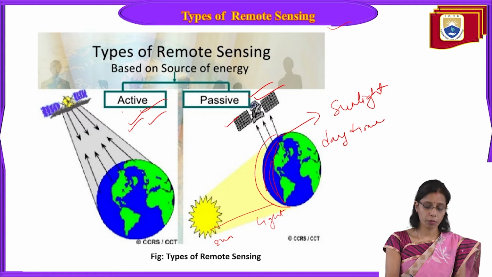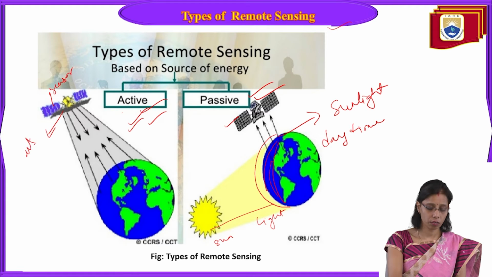Now when you talk about active, you can see here there is no sun. Sun is not available. So what is happening here? This satellite has a sensor and it has its own source of light.